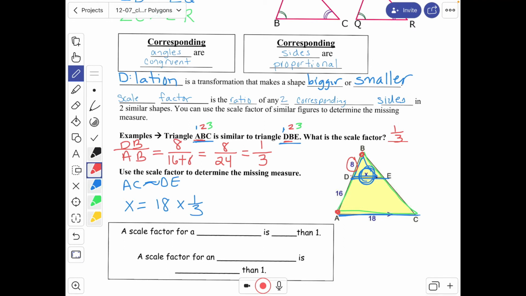And to multiply times a fraction, I need to put that over 1. And I can simplify, and I get 6/1, or just 6. So that missing measurement is 6.